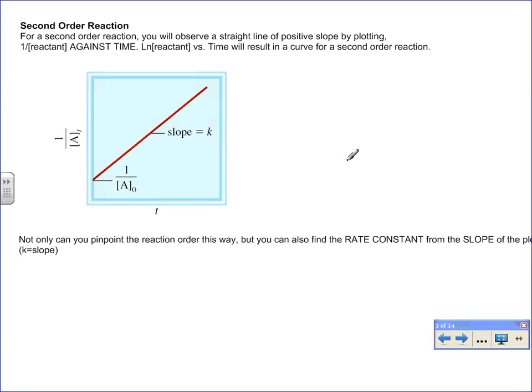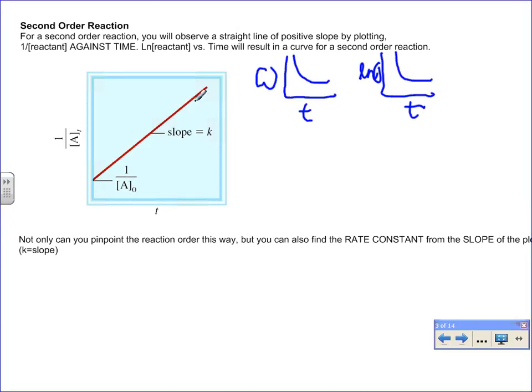To summarize a second order reaction, if you looked at just the concentration versus time, you're not going to get a straight line. If you look at ln of concentration versus time, you're not going to get a straight line. What you're going to get a straight line for is when you graph 1 over the concentration versus time.